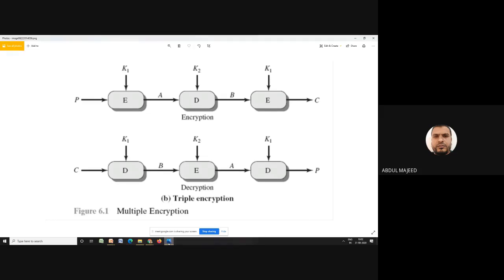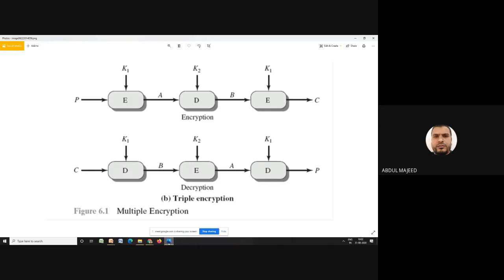It is simply the reverse of this encryption, so it will produce the plaintext. Looking at the above diagram, at the last stage we did encryption, so the opposite, we first do decryption. In the second stage you did decryption, so here in the second we do encryption. And again, in the first you did encryption.